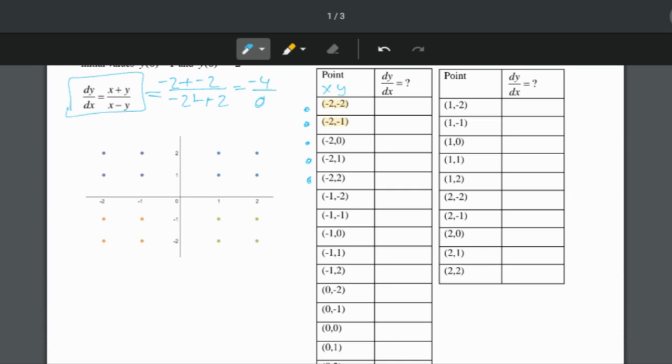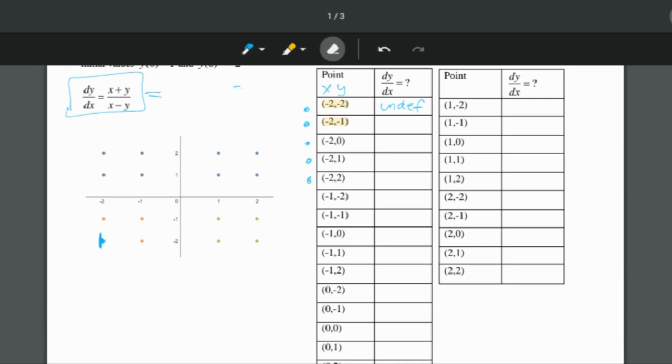We get undefined. So the slope there is undefined. A line with an undefined slope is a vertical line. So we're going to do a mini vertical line at the point -2, 2. If we go left 2, down 2, the point -2, 2 is the very bottom point on the left. A mini tangent line with an undefined slope would just be a mini vertical line right there.